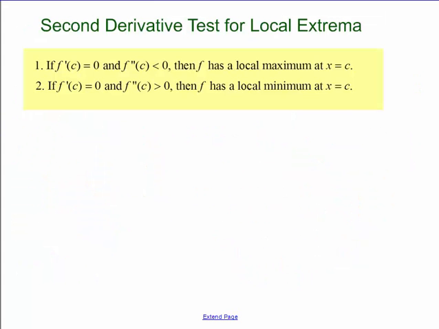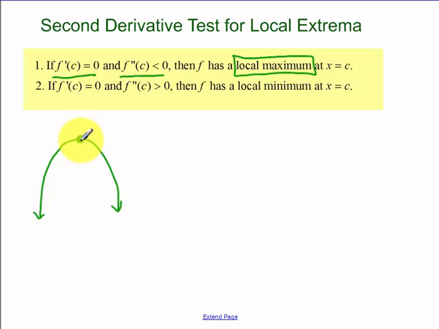Okay, second derivative test. This is an important test, and it helps us find maximums and minimums, and it's going to help us in some applications we get to later on. So if your first derivative equals 0 and your second derivative is less than 0, you have a local maximum. How I remember that is I look at a parabola that's concave down.